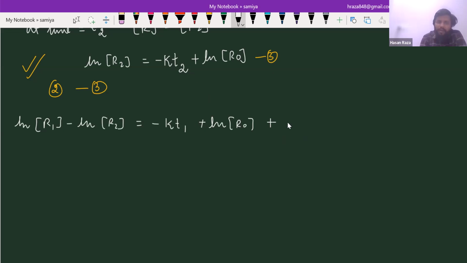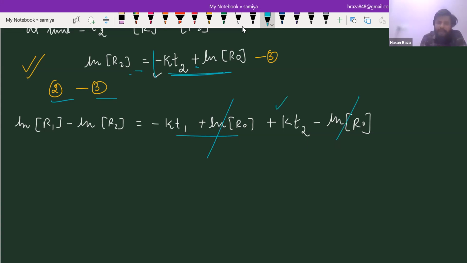So negative will become positive and positive will become negative. Are you getting my point, or should I explain more? This is the second equation on the right hand side, and this is the third equation on the right hand side. Since we are subtracting, there will be a negative sign that will make it positive, and this will make it negative.